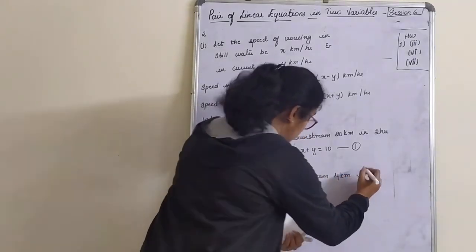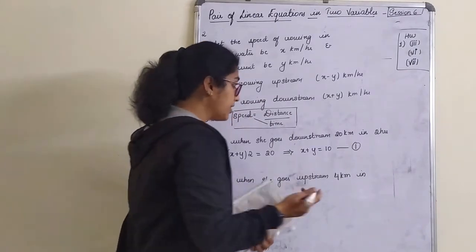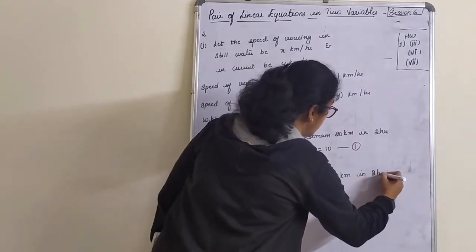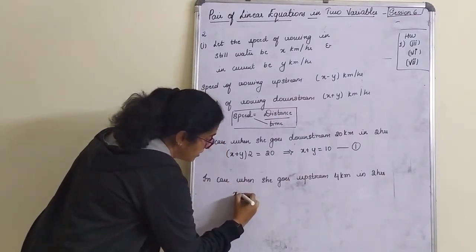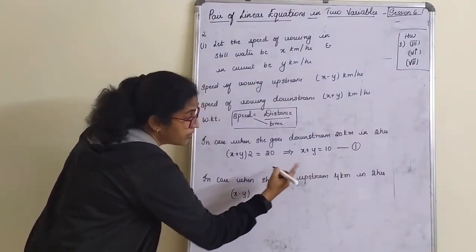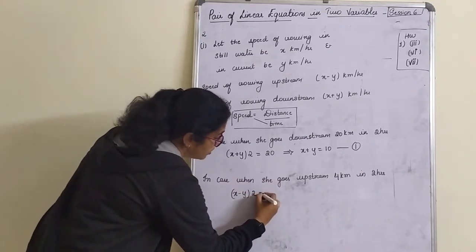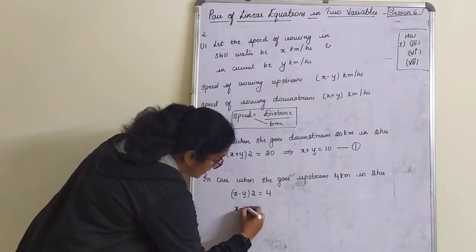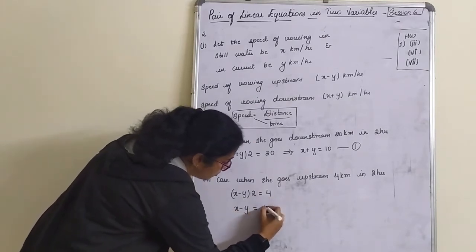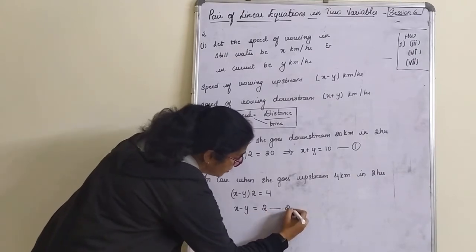Time taken is, how many hours have they given? This is also 2 hours. How do we represent it? It is upstream, so this is x minus y. Time taken is 2, distance traveled is 4. So x minus y is equal to 2. This is equation 2.